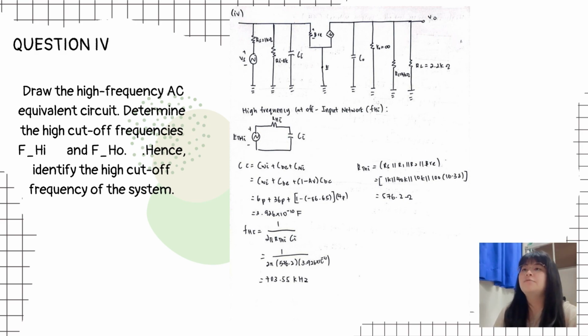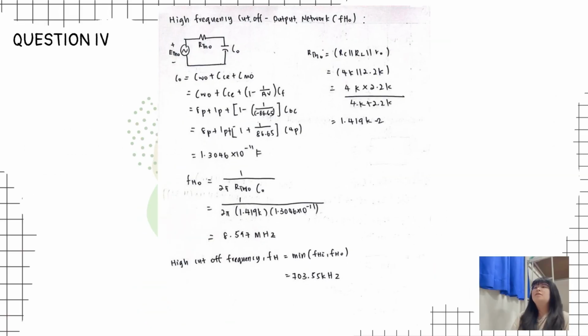After that, we need to calculate the total resistance for the high frequency cut-off input network, which is Rs parallel to R1, parallel to R2, and parallel to beta Re, which gives an equivalent resistance of 576.2 ohms. Using this, we can find the cut-off frequency of the input network, which is 1 over 2 pi Rthi times Ci, which gives 703.55 kilohertz.